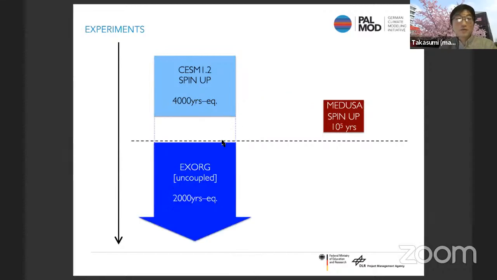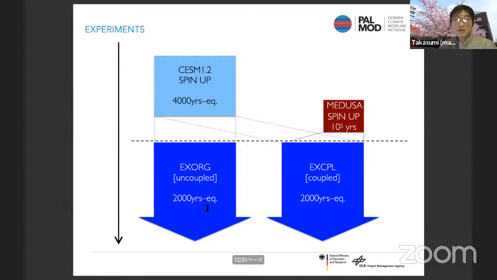One was the simple continuation of this spin-up run with the uncoupled original model, and the length is 100 surface years, corresponding to 2,000 years for the very deep ocean. We call this experiment X-org in this talk.